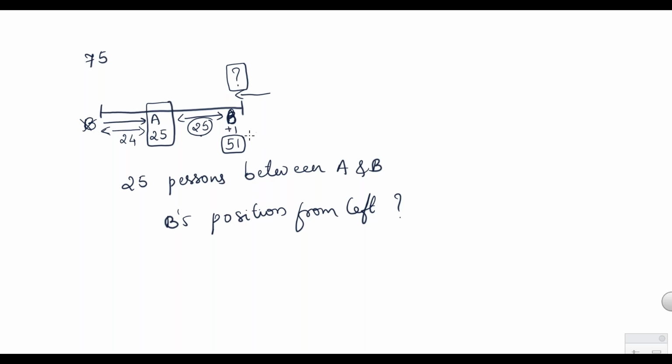See, again, you're missing the previous concepts. It is not just 75 minus 51. Same example I'm repeating again. From the total people 75, if you subtract 51, you are subtracting B also. Means if you subtract 51, you get 24. In these 24 people, we don't have B, but we want B's position. Means B will come after these 24 positions. Means B's position is 24 plus 1, that is 25.